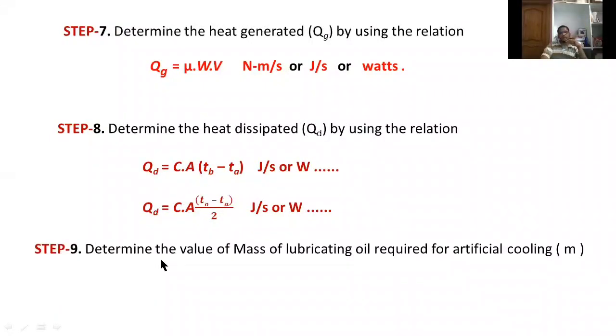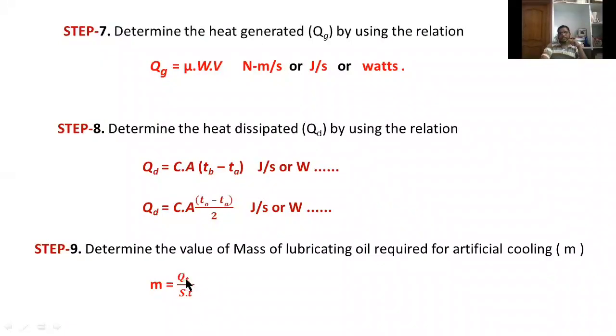In step number 9, this is the last step, you have to find the mass of lubricant oil required for artificial cooling. This is the formula: M equal to Qt by S into t.